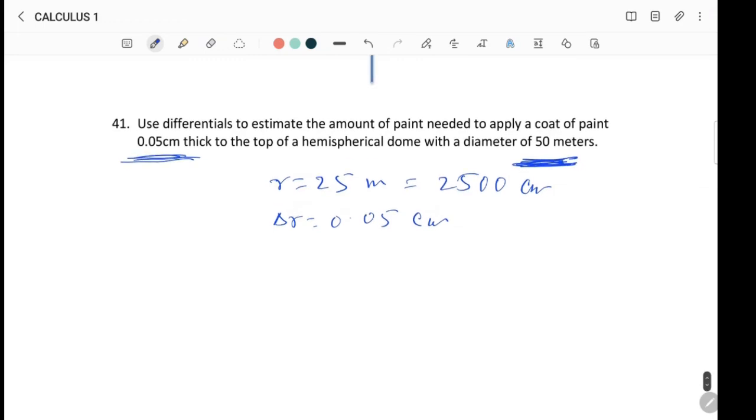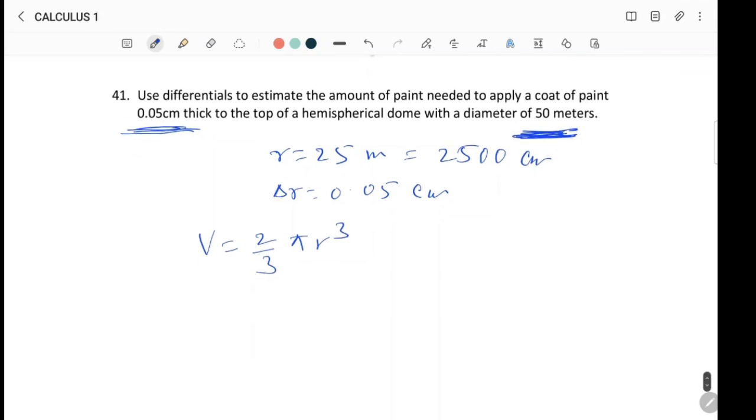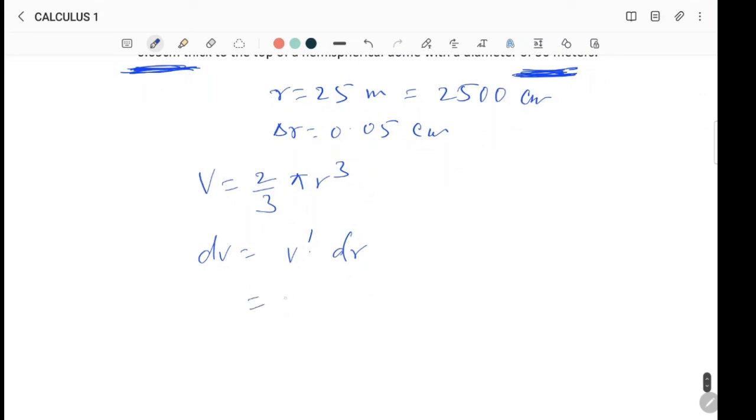So what is the volume of a hemisphere? 2/3 pi r cube, right? To estimate the amount of paint, the volume, this much is the thickness, so dV is V dash dr, which is 2/3 pi times 3r square dr. 3 and 3 cancel, 2 pi r square dr, right?